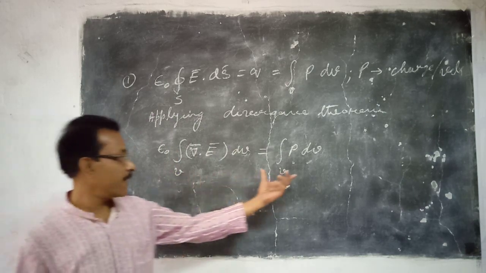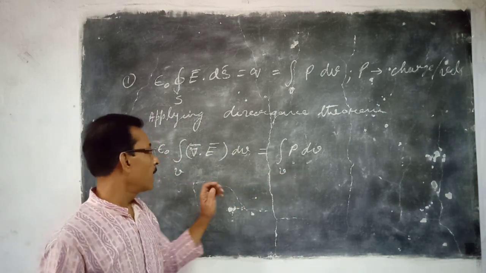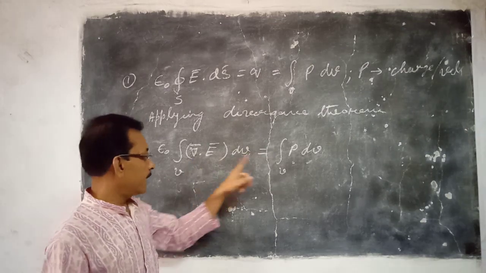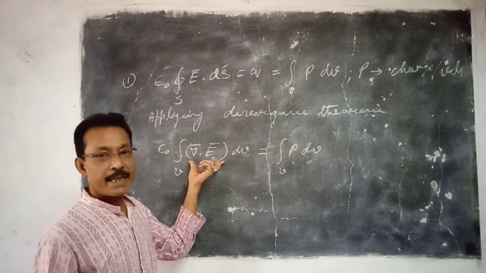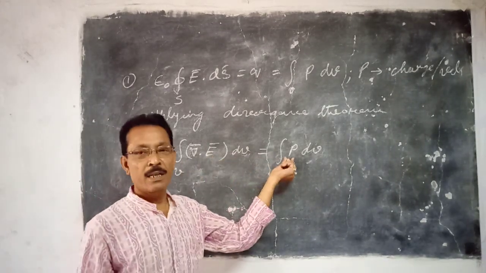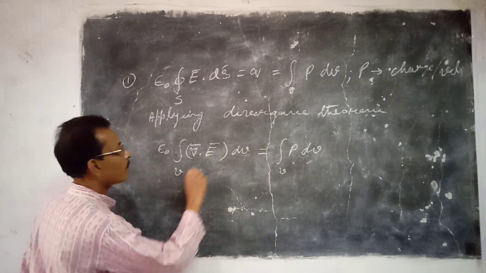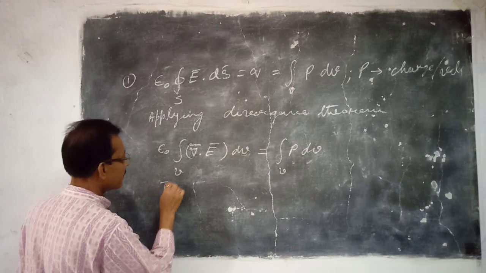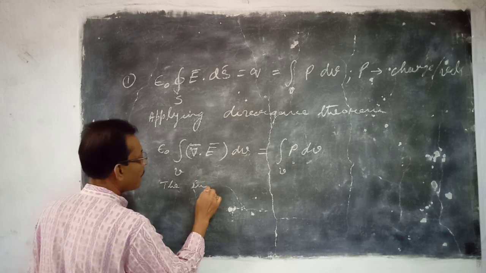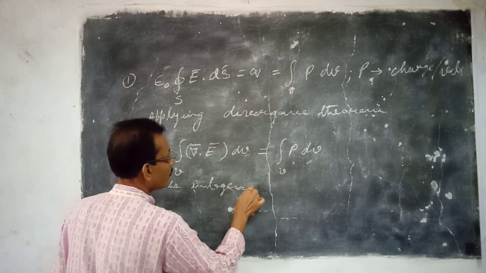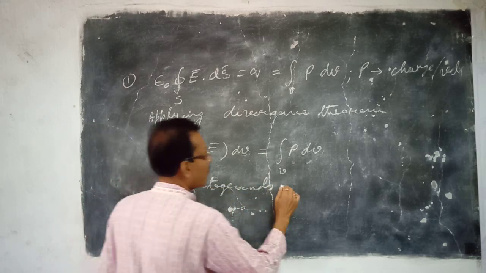The same volume integral is involved on both sides and they are equal. Therefore, the integrands must be equal. Here the integrand is divergence of E and here it is rho.